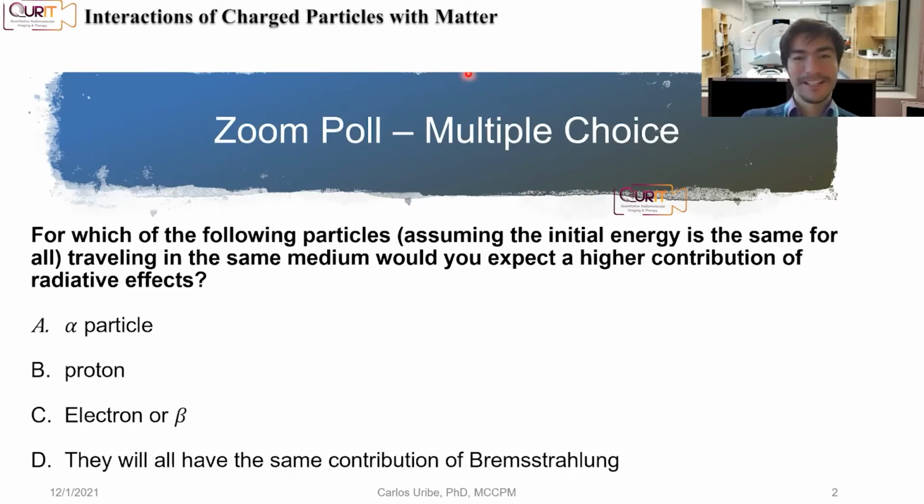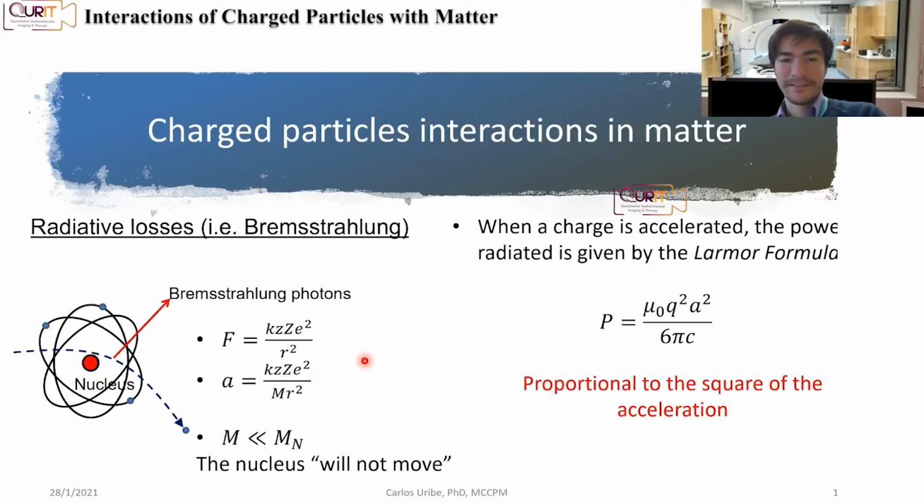For which of the following particles, assuming the initial energy is the same, would you expect to have more Bremsstrahlung? Look at this equation, acceleration squared. Which particle is going to feel a higher acceleration is basically what I'm asking.